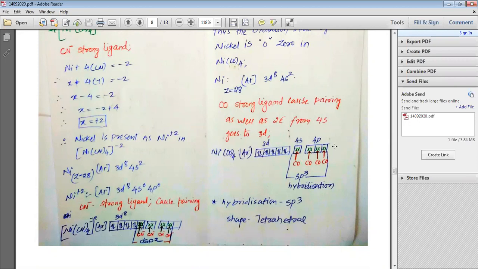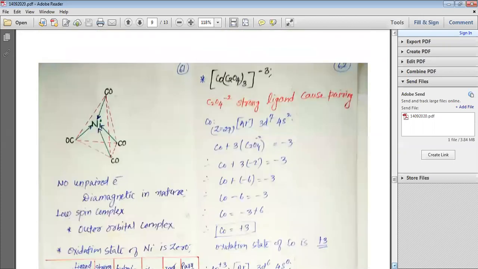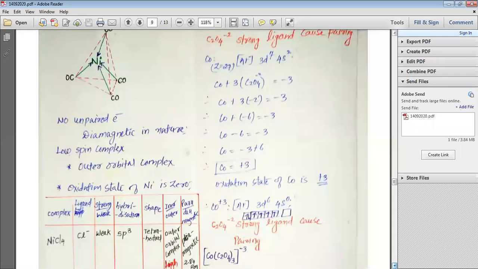So in the sp3 hybrid orbitals, 4 CO ligands donate their electrons, and due to the sp3 hybridization, a tetrahedral Ni(CO)4 is produced. This Ni(CO)4 does not have any unpaired electron, and that is why it is diamagnetic in nature, which is a low spin complex, which is an outer orbital complex.